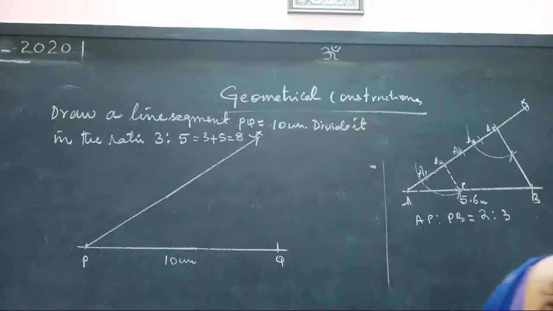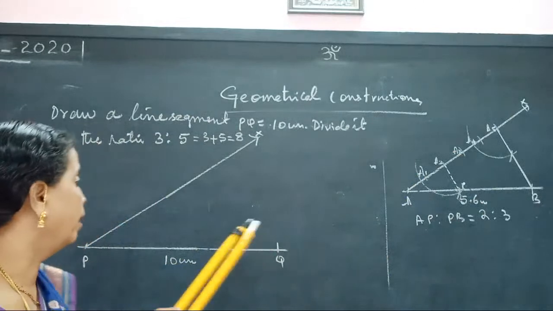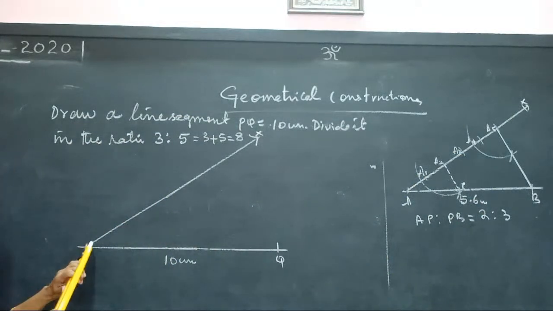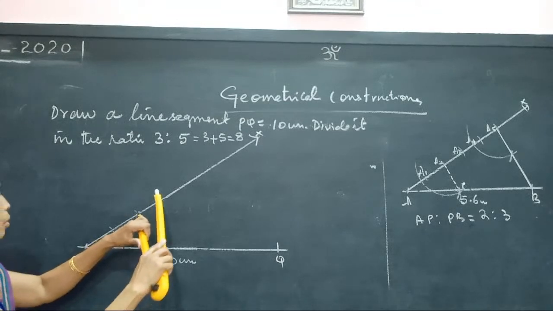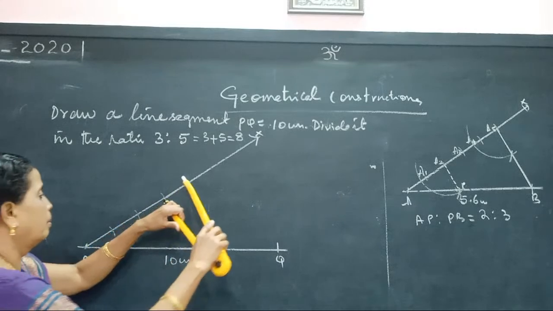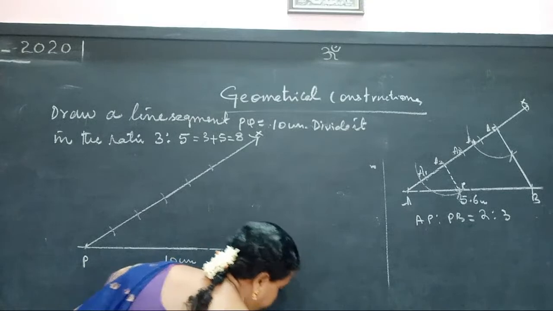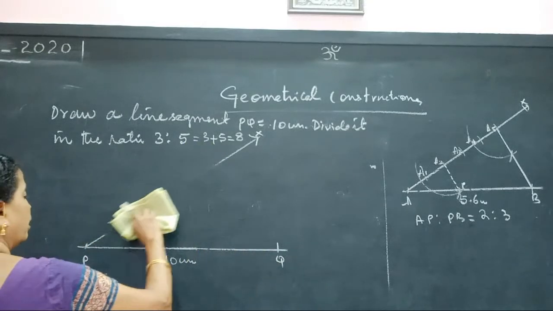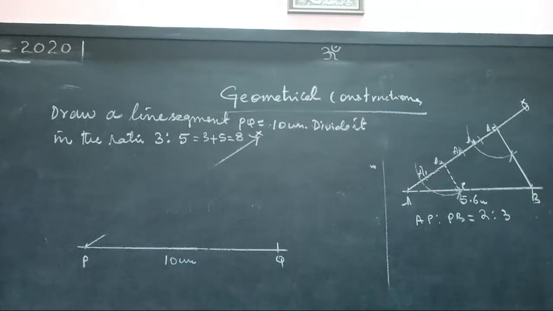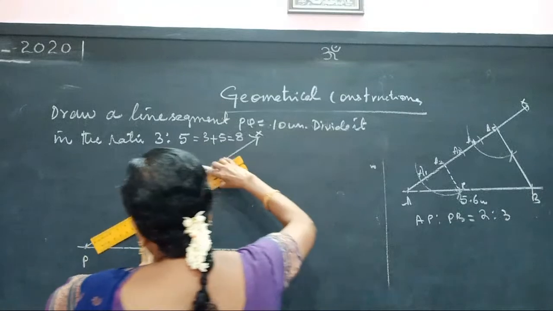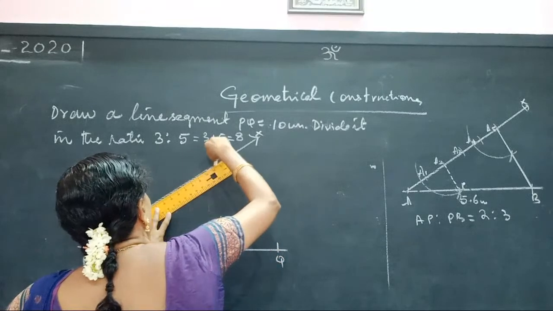So with a convenient radius in the compass, divide the ray PX into P1, P2, P3, P4. P5 will be elongated more, so I will reduce the width of the arc so that within the segment you can get it. I will avoid stretching of the construction part.